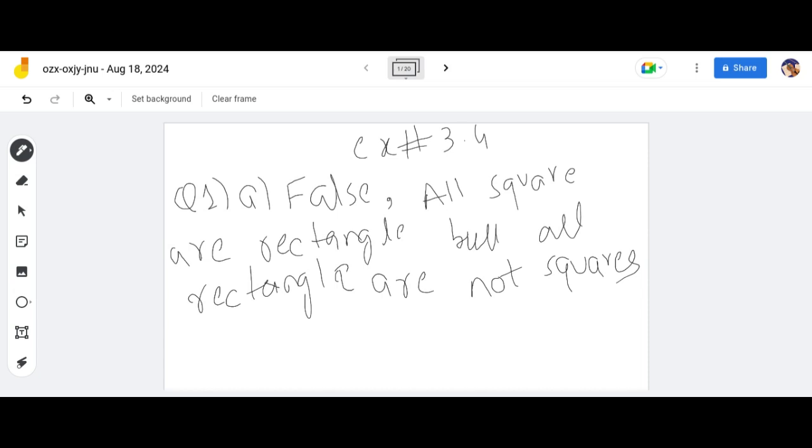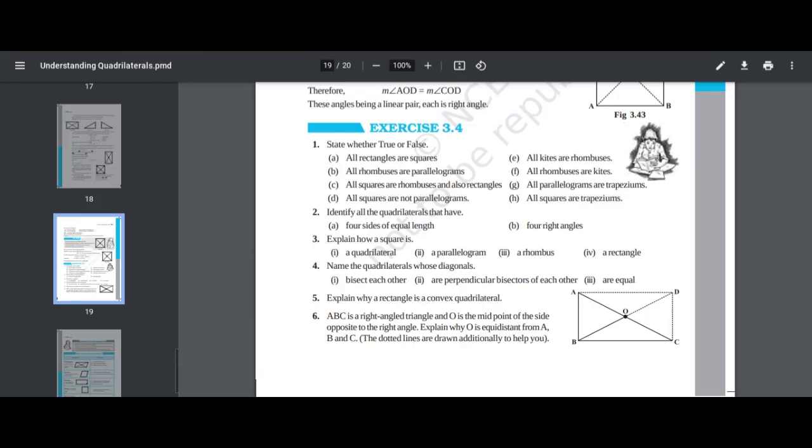Done? Yes, ma'am. Now what is the next statement? All rhombuses are parallelograms. It's true. And what is the reason? Opposite sides of a rhombus are equal and parallel to each other. Can you write it down?